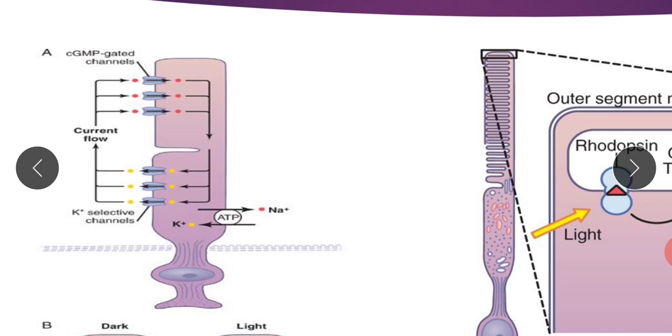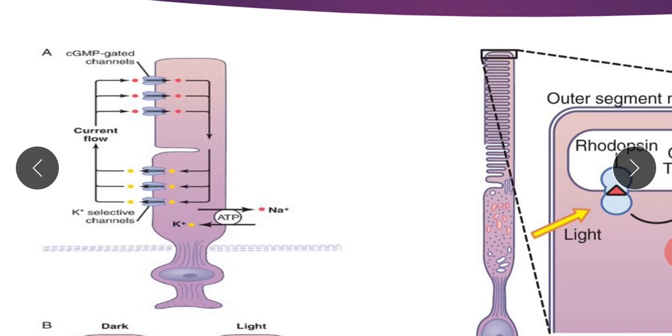But the rods and cones photoreceptors have a hyperpolarizing type of receptor potential. It means when they get stimulated, there is an increase in the negativity inside the receptor cells. Normally, when any receptor is stimulated, there is an increase in the positivity inside the receptor, but in rods and cones, when the light rays strike, there will be an increase in the negativity inside the receptors, and that is why this type of potential generated in rods and cones is known as a hyperpolarizing type of receptor potential.